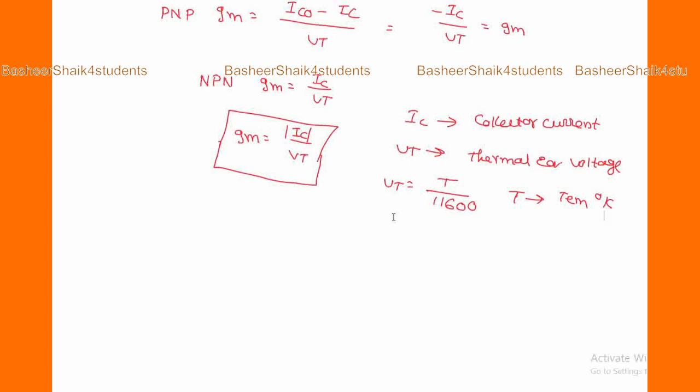So at room temperature, Gm is equal to IC by 26 millivolts.